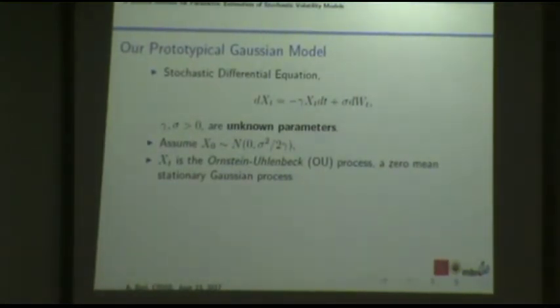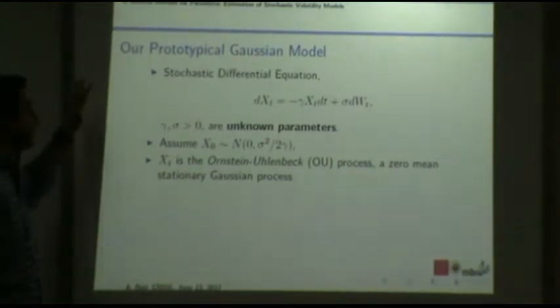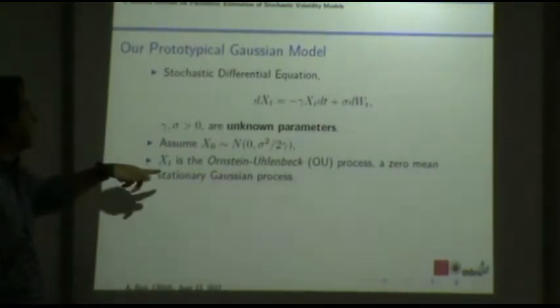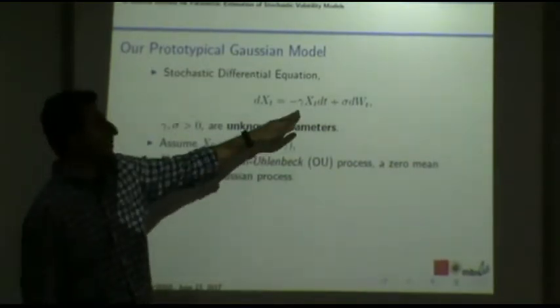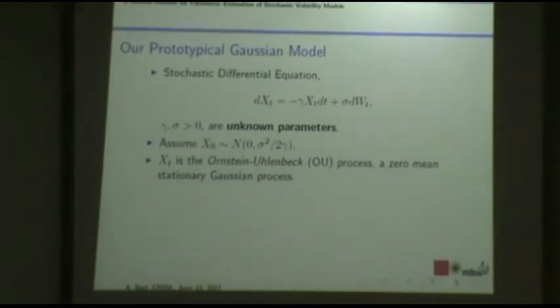It's a stochastic differential equation known as the Ornstein-Uhlenbeck process. The stochastic process satisfying this differential equation is Gaussian and stationary, so it fits in very well in our general framework. Again, here the objective is to estimate parameters lambda and sigma based on an approximating process.